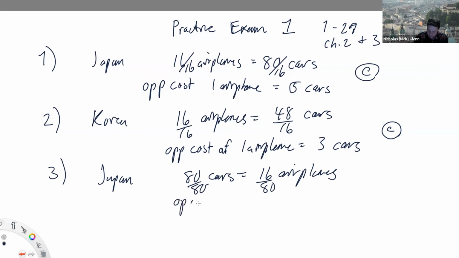And so the opportunity cost of one car is 1/5 of an airplane. Okay. It takes a lot longer for them to produce an airplane than a car. So to get one car, they only have to give up 1/5 of an airplane. And so that's A.